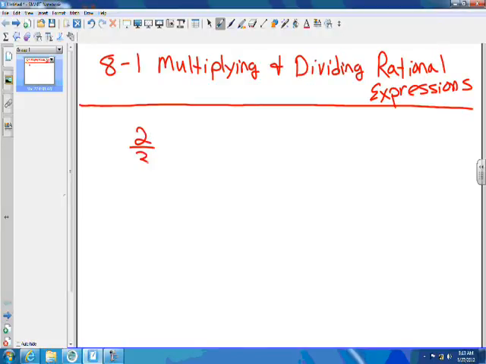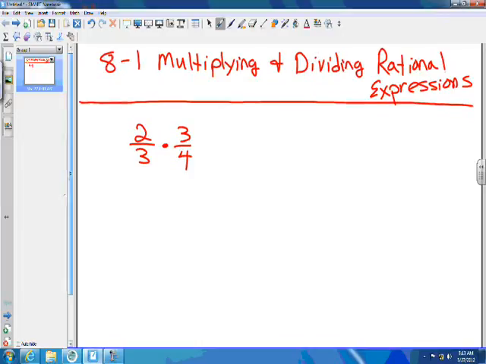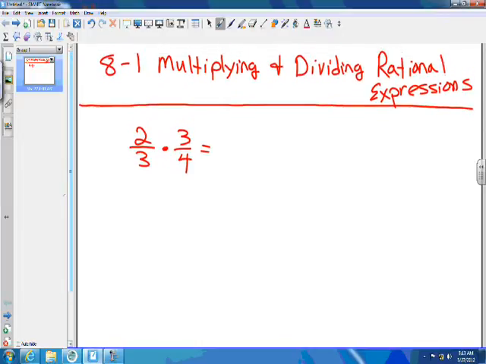So just to do a basic math problem here, 2/3 times 3/4. That's what you're going to be doing today, except, of course, it's algebra. There's going to be a bunch of letters in there. So how would we multiply these two fractions together? No, that's adding. See, that's more difficult. We'll get to that.